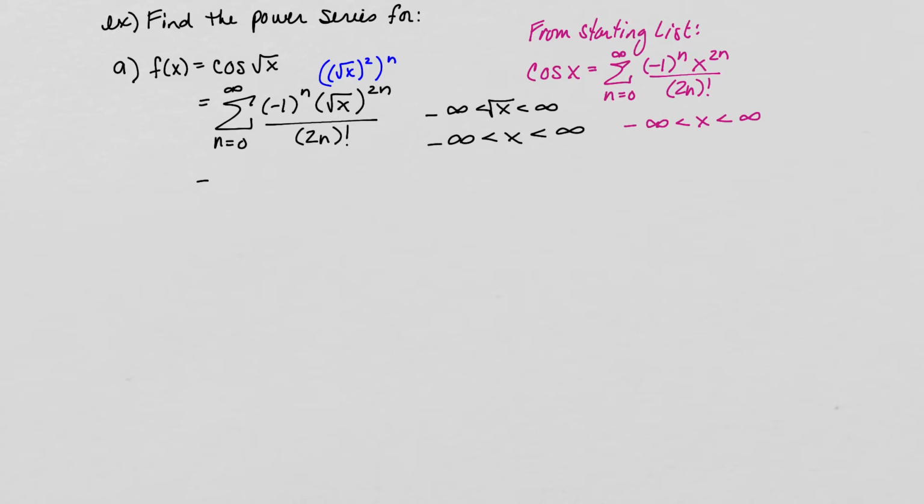So really this is the series n equals 0 to infinity, negative 1 to the n, x to the n, all over 2n factorial. And it's x because the square root of x squared just gives us x. Other questions?